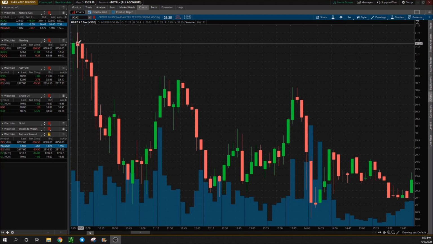Boom. Now we can see we opened right here at $31.27. Then we jumped up to new highs of $31.40, dropped all the way down to $30.91, and then pushed back up and closed at $31.22.